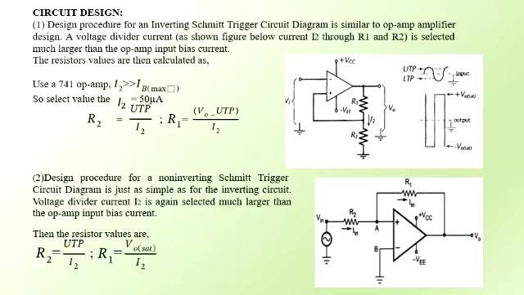The resistance value R2 equals VUTP divided by I2, then R1 equals the output voltage, which depends on the saturation voltage, divided by I2. After this diagram we design the circuit, and in the next slide we discuss one more problem.